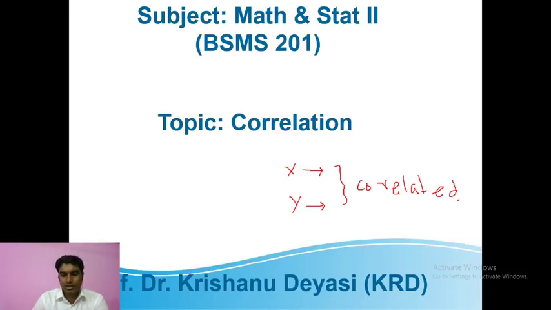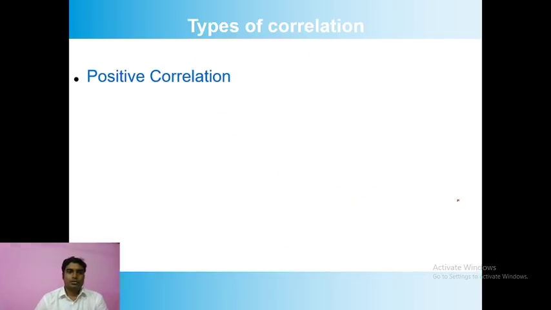Now let's understand the different types of correlation we can have. We can have positive correlation, meaning if I increase the x variable, then the variable y also increases. The correlation is always for two variables.